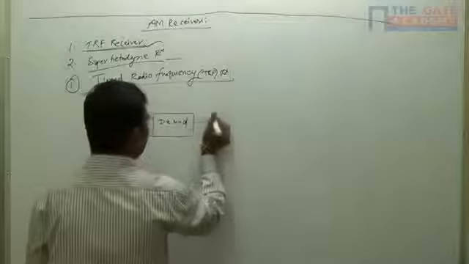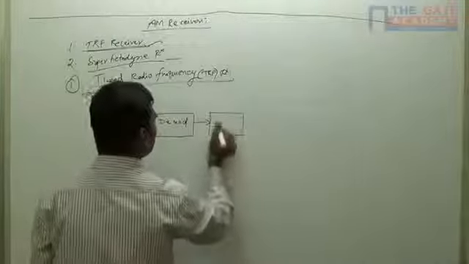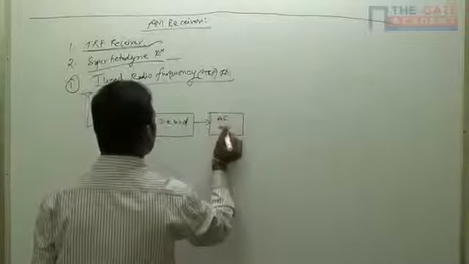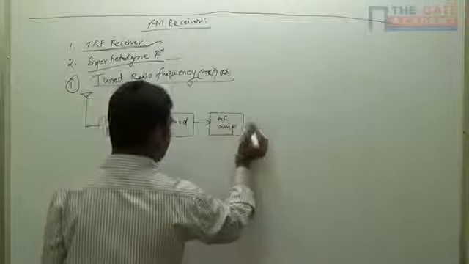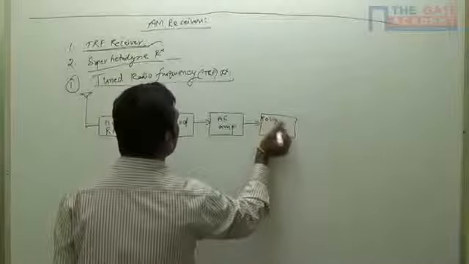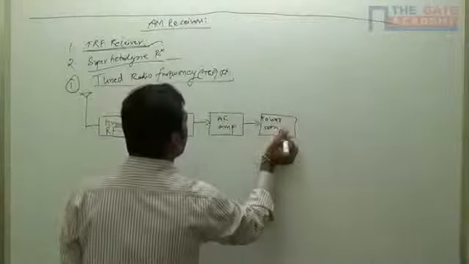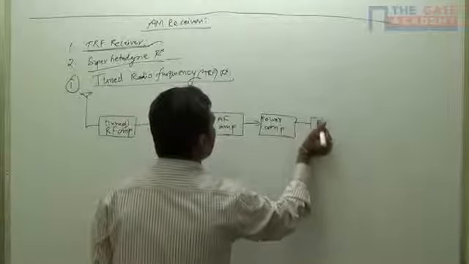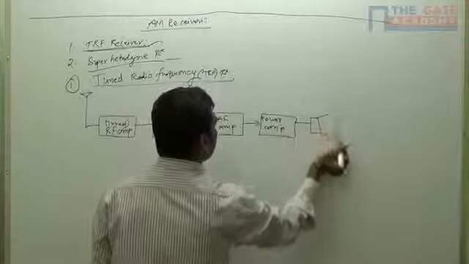Next is the AF amplifier, then the power amplifier. Next is the destination output.